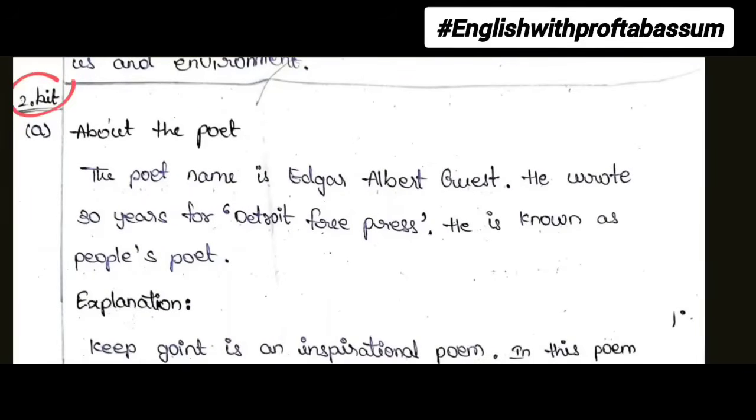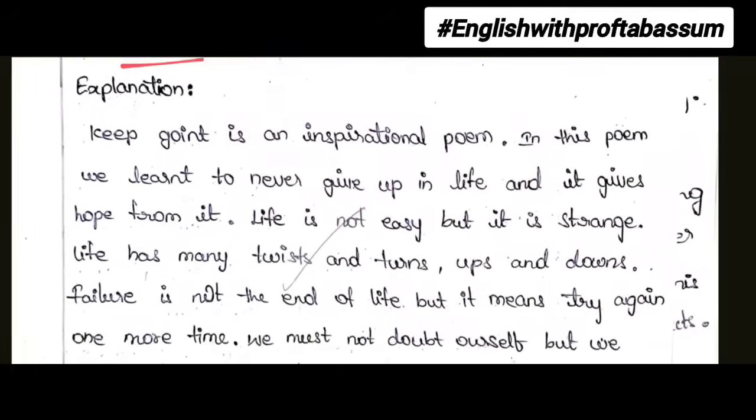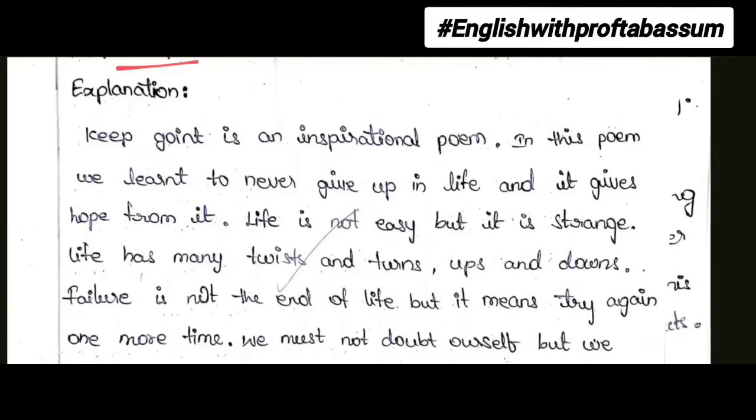Now next, bit number 2, A answer. About the poet. The poet's name is Edgar Albert Guest, and then he has worked for 30 years for Detroit Free Press. He is also known as the people's poet. Then explanation. The whole poem you explain in your own words you can write.